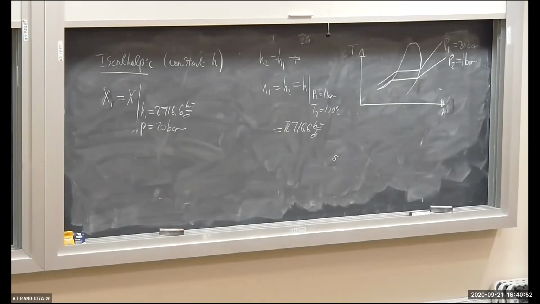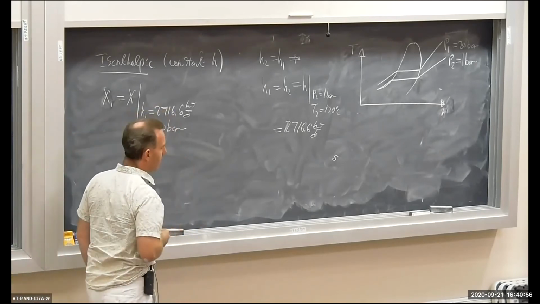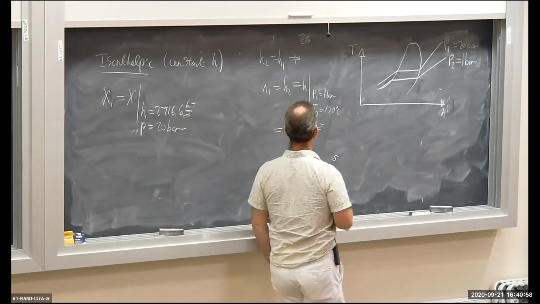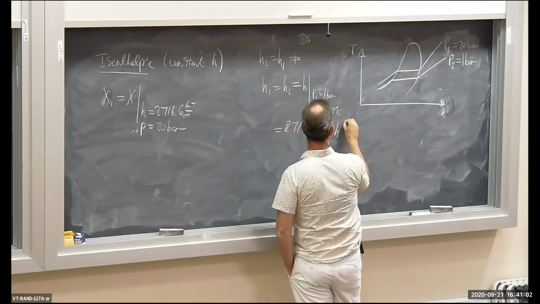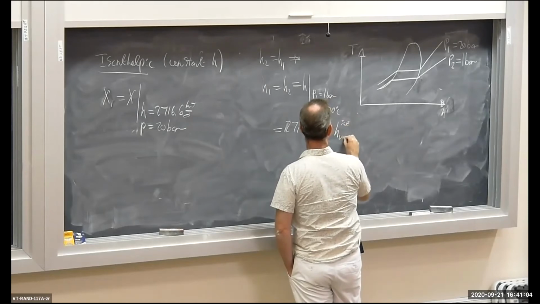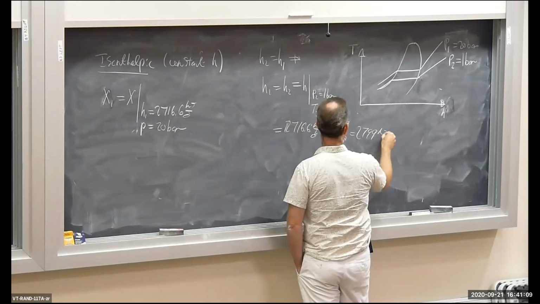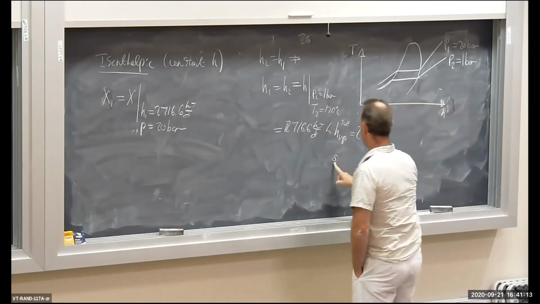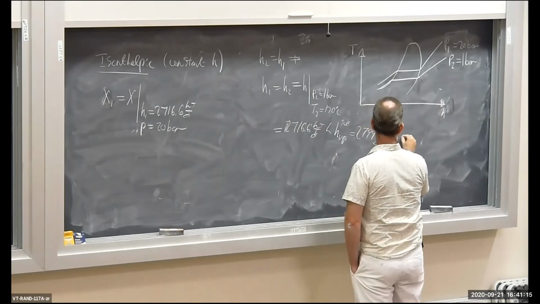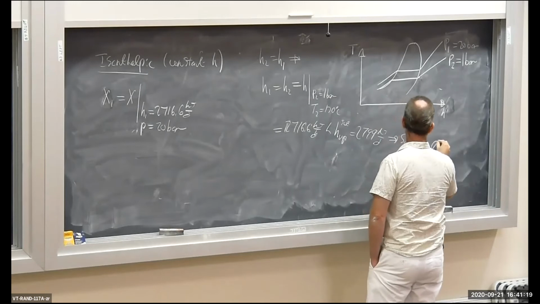We are below 2799. So notice this is less than a sat vapor, which is 2799 kilojoule per kilogram. So we have a saturated mix at state 1.